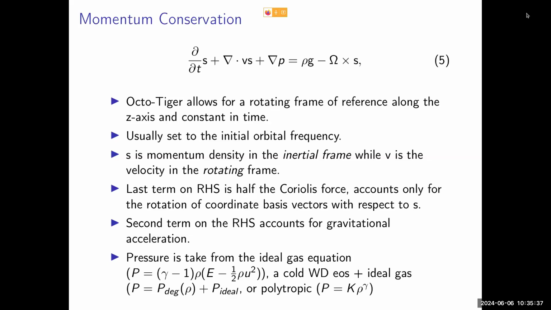And then we have an ideal gas equation of state. And we've experimented with this analytical approximation for double white dwarfs, where it's not just the cold white dwarf equation of state, but has ideal gas heating too. And we were using it for quite a while, but it turned out to have some problems later.